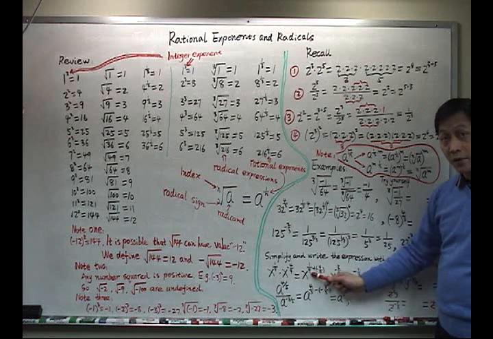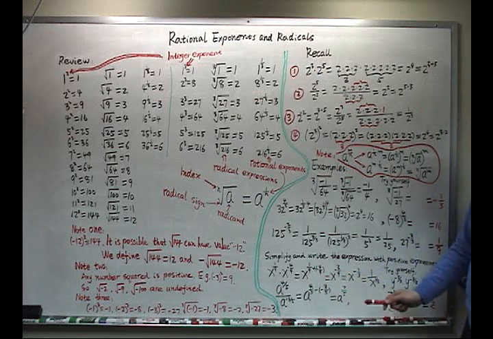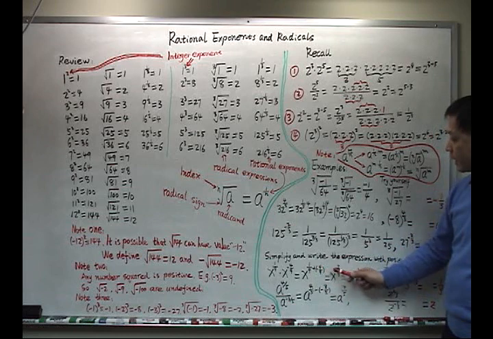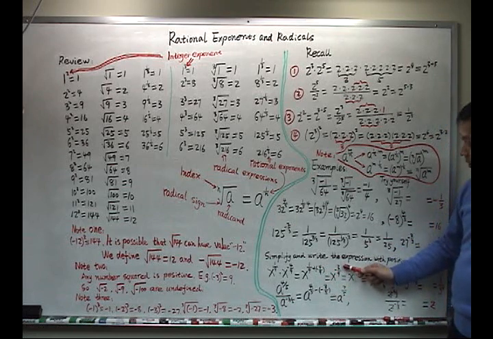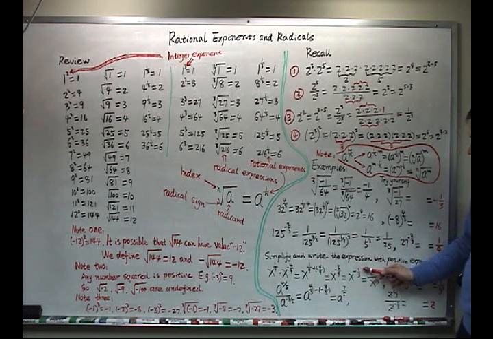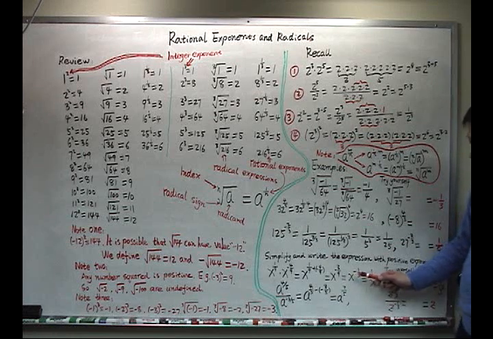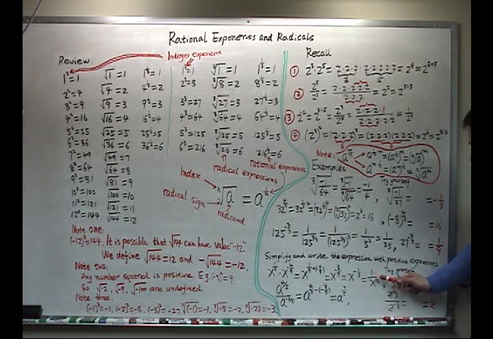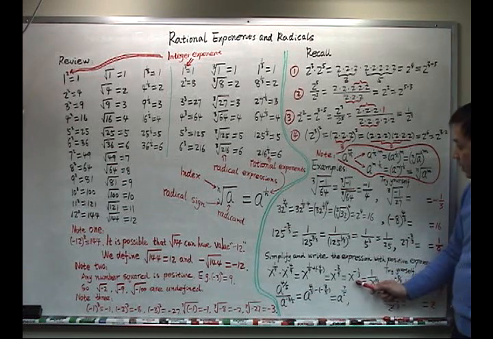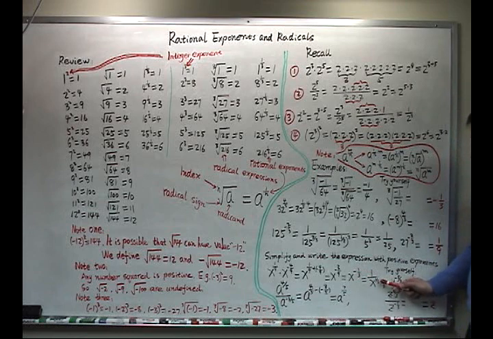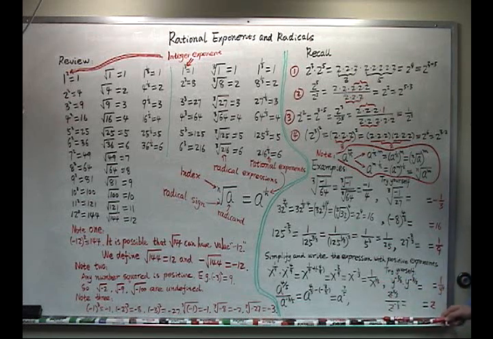Denominators are the same, both are 9. We add 1 with negative 4, we have a negative 3. Negative 3/9 can be reduced to negative 1/3. Again, to delete this negative, we need to put 1 above it. Okay? And then downstairs we have x to the 1/3 without the negative sign. And then we have a positive exponent.